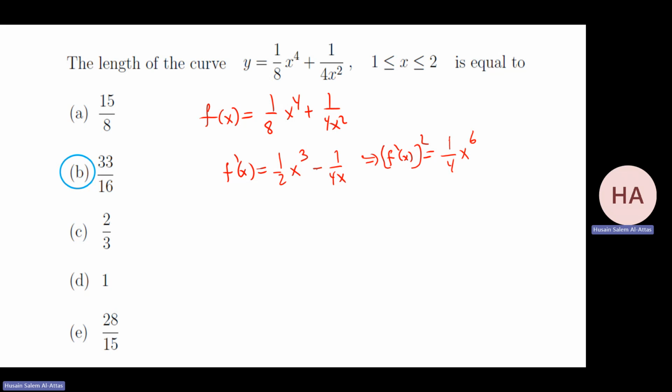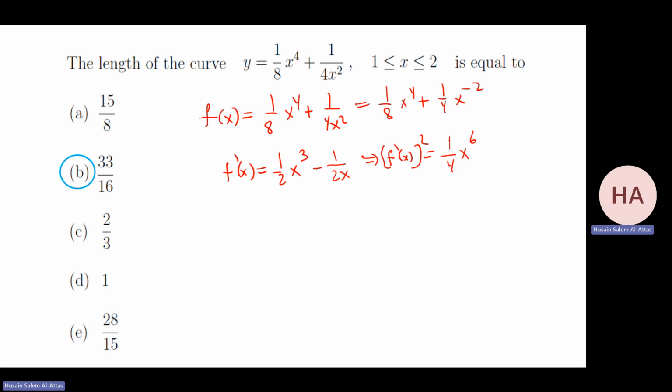This fits this. No, there's something. Oh, that gives me. No, sorry. Let me write it this way. So that will be minus half, minus 1 over 2x.